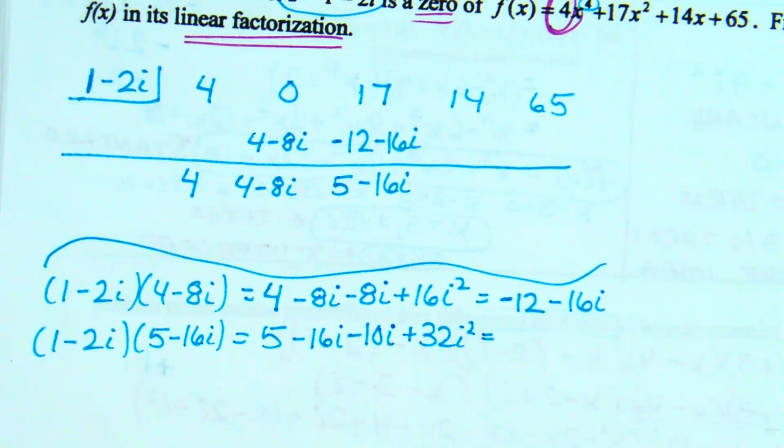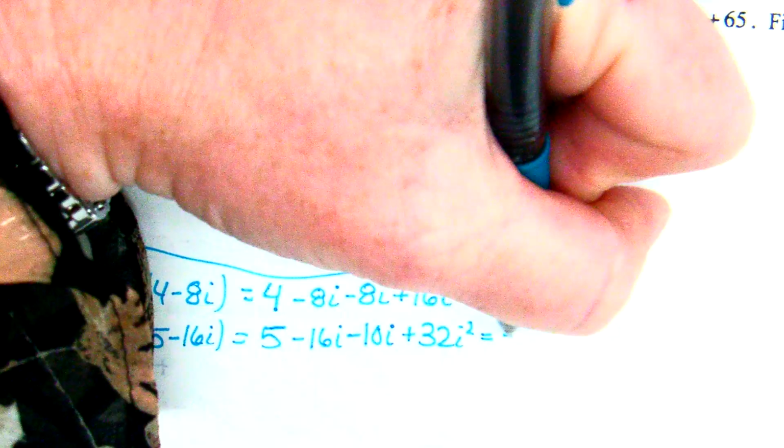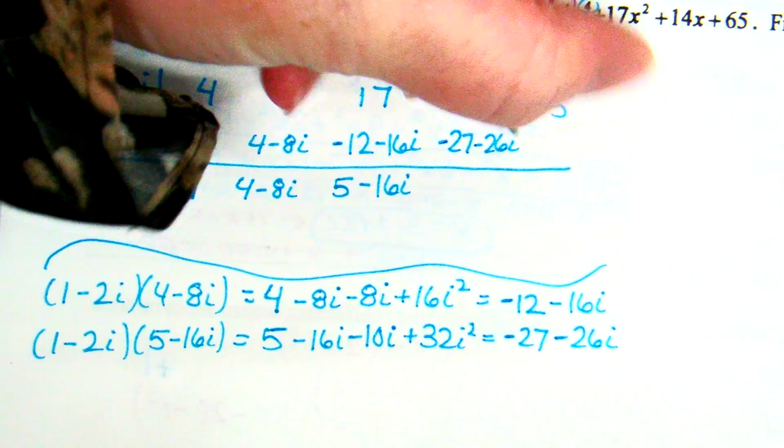I've got a 5 plus 32i squared, which is 5 minus 32, minus 27, and then minus 16i minus 10i is minus 26i. Where's that go? Under the 14. And now we add again. 14 and negative 27 is negative 13 minus 26i.